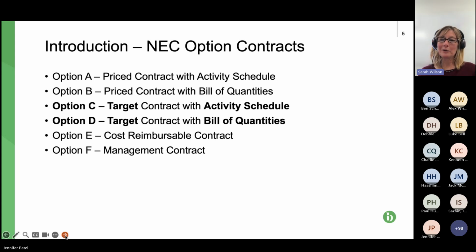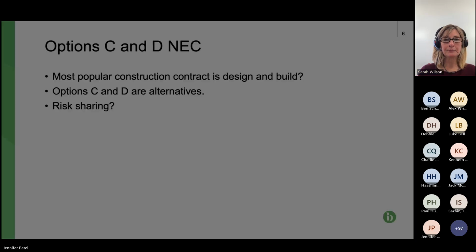So colloquially speaking, what the option C and D contracts are is a sort of, in inverted commas, mashup of options A and B on the one hand and option E on the other, which will become apparent as we go on. So if we can have the next slide, please, Jen.